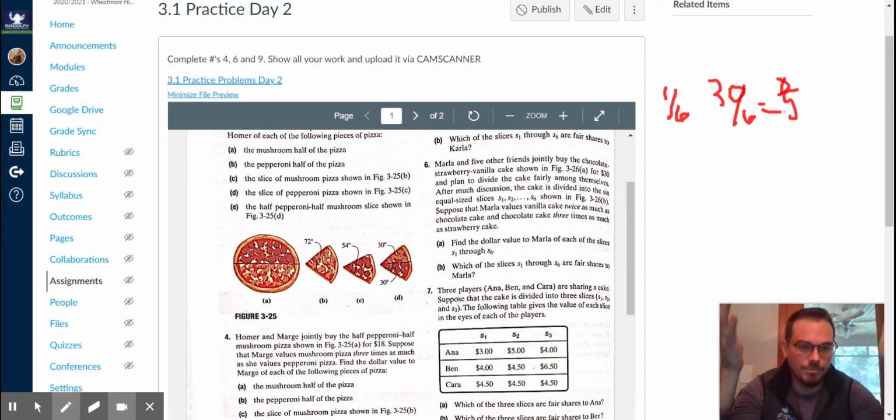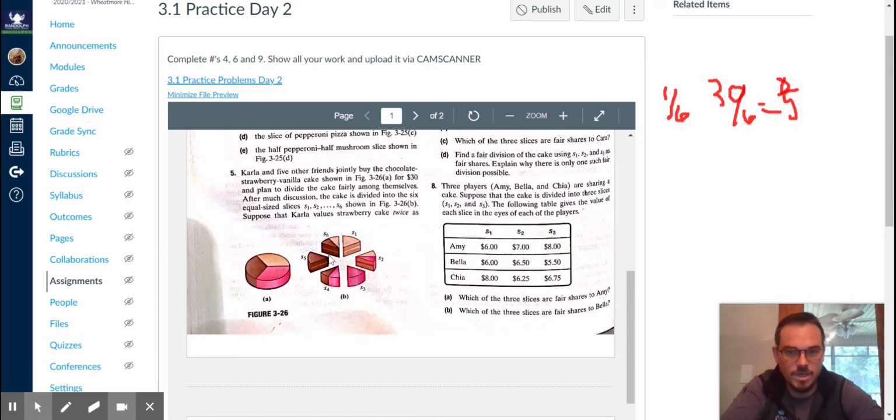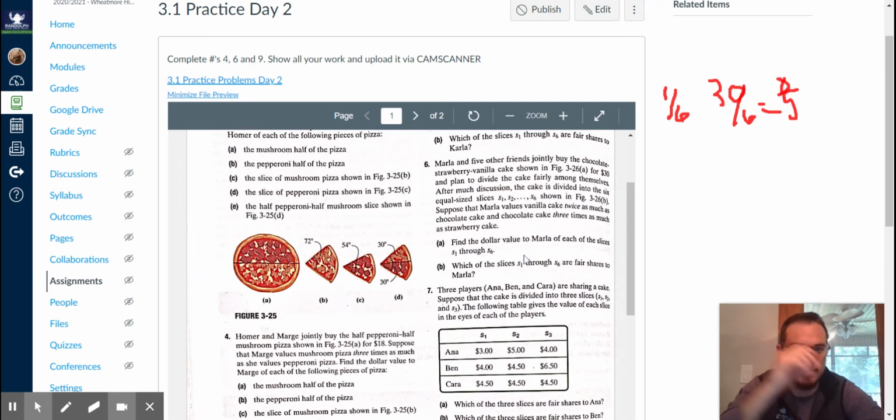Marla and her friends discuss a lot of things, but after much discussion, they divided it into 6 equal slices, S1 through S6, shown in figure 26B. If you're looking at 26B, there it is. That's where it's talking about.